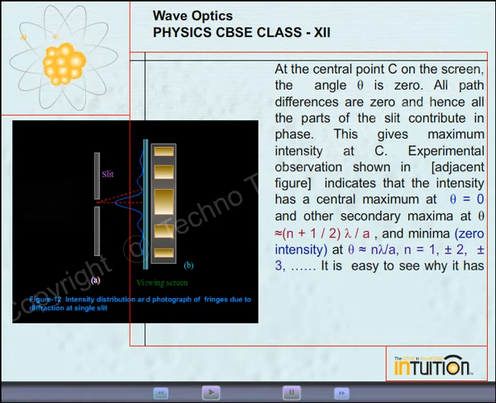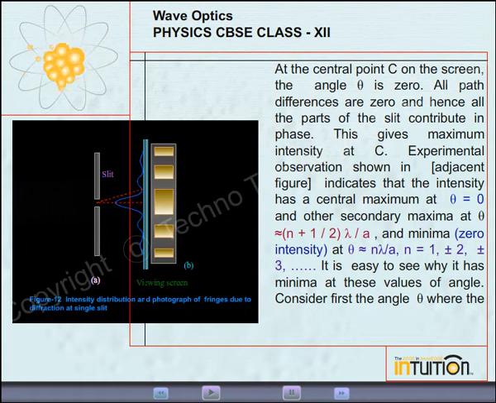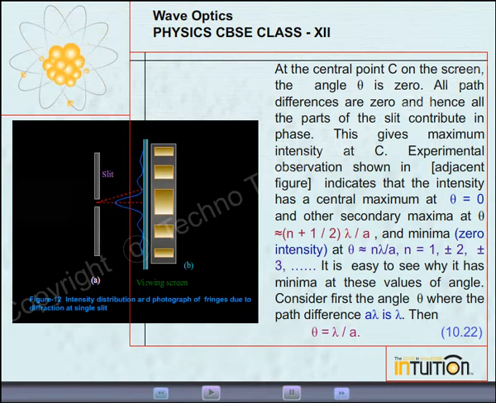It is easy to see why it has minima at these values of angle. Consider first the angle theta where the path difference a theta is lambda. Then theta is equal to lambda by a. Equation 10.22.